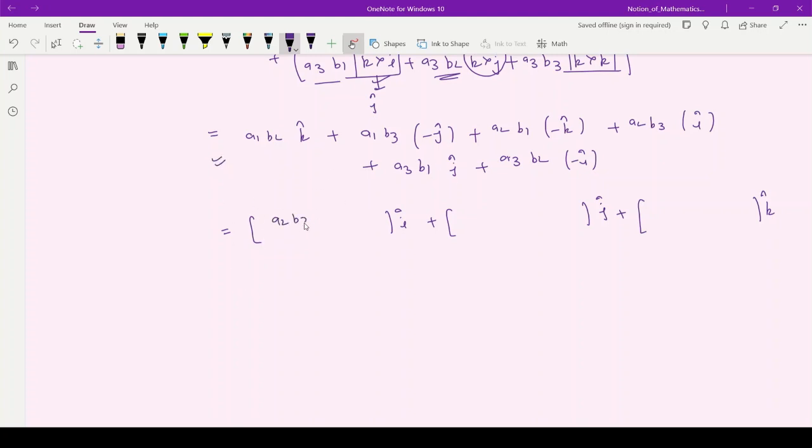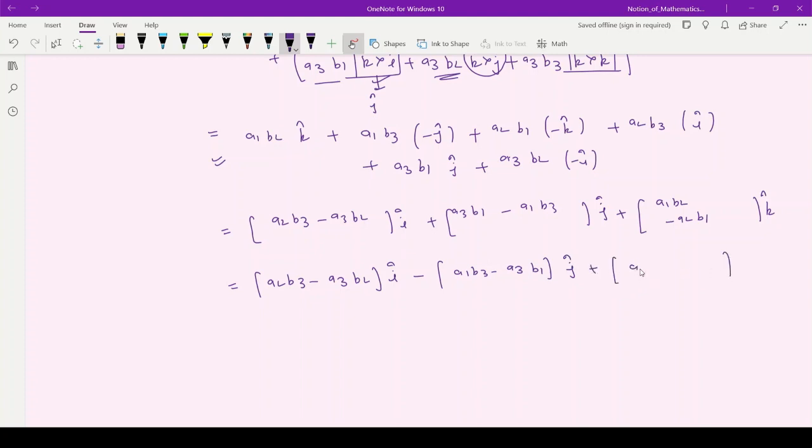We will be getting A2 B3 minus A3 B2, here A3 B1 minus A1 B3, here A1 B2 minus A2 B1, or it may be written as A2 B3 minus A3 B2 of I cap minus A1 B3 minus A3 B1 J cap plus A1 B2 minus A2 B1 of K cap.